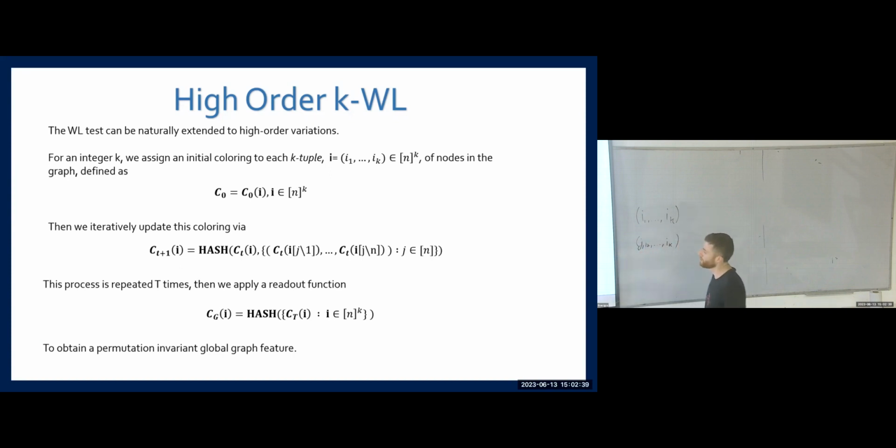And then similarly to before, we just hash this set of colorings. This is a permutation invariant global graph feature. It's essentially a one-to-one classification of the graph.